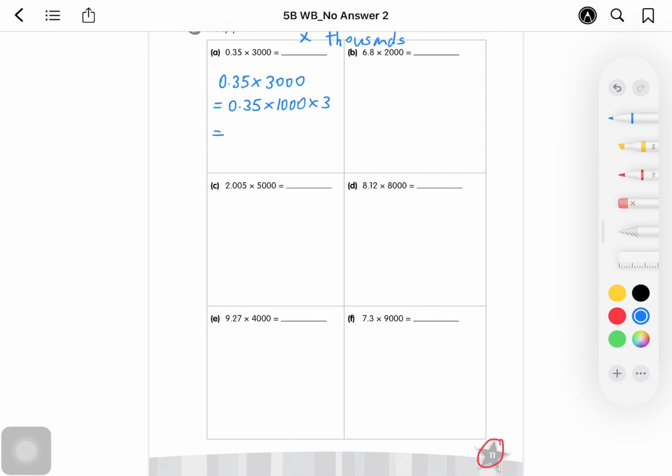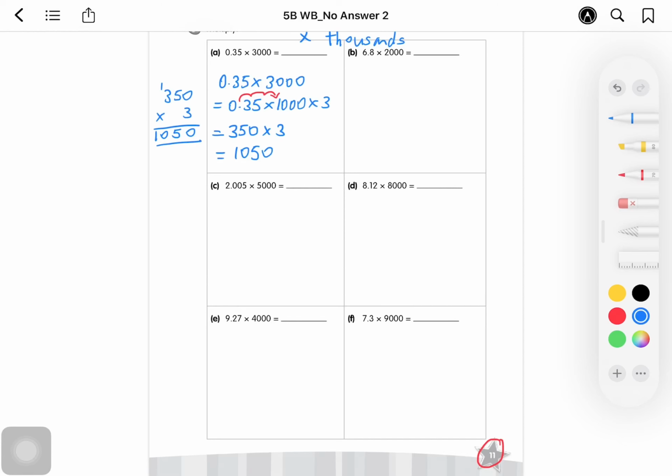When I multiply by 1000, I move 3 place values to the right. I will get 350. So 350 times 3. Do your vertical working at the side. I get 1050.